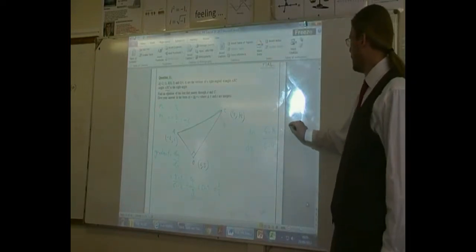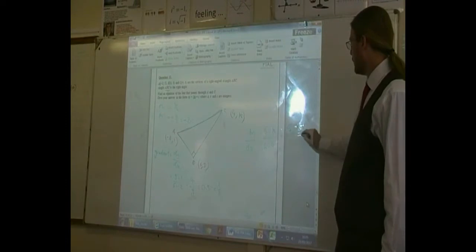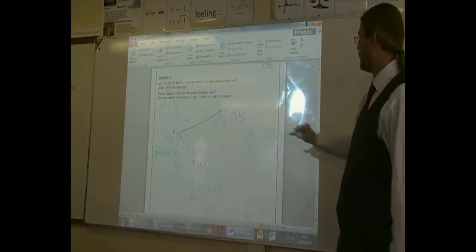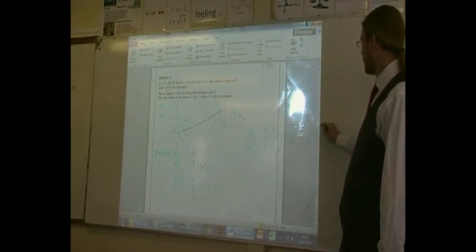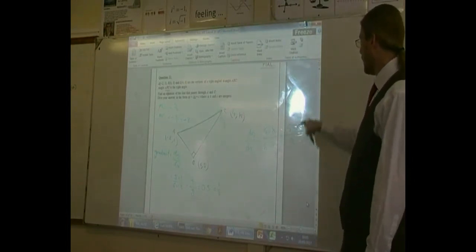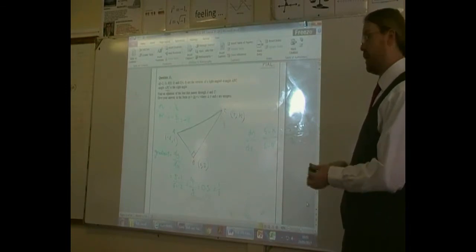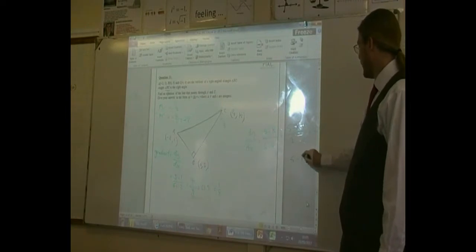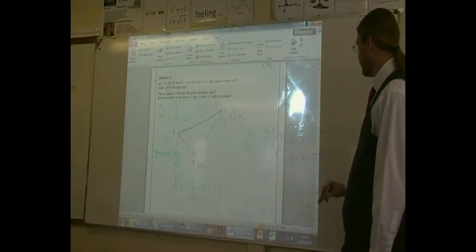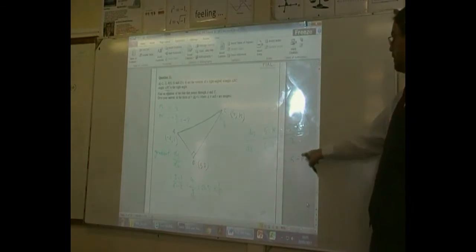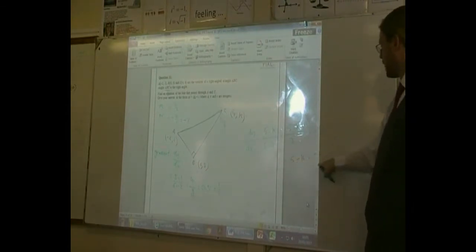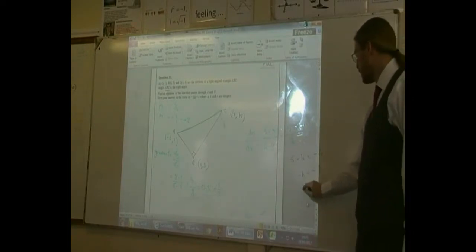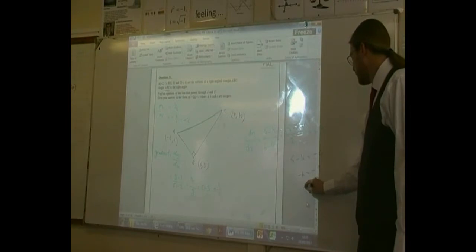So that's 5 take away k over 2, and that equals minus 2. If I multiply both sides by 2, I get 5 take away k equals minus 4. Then if I take away my 5 from here, I get minus k equals minus 9. So that must mean that k is equal to 9.